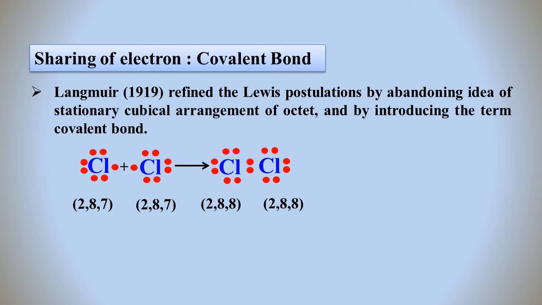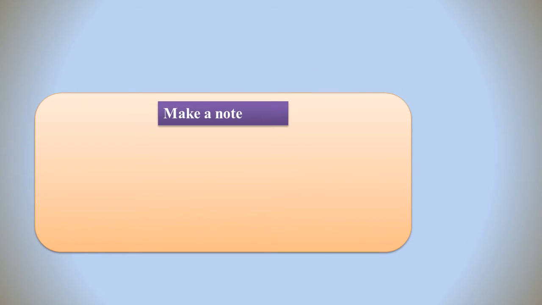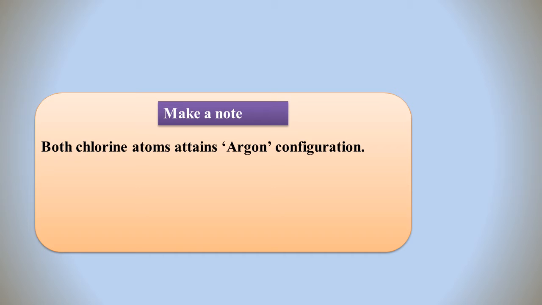Each atom contains the 8 electrons, the octet state, at the same time. Make a note here: both chlorine atoms attain argon configuration, which means they reach the stable state by reaching the octet shell, similar to the inert argon gas.